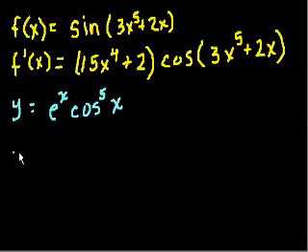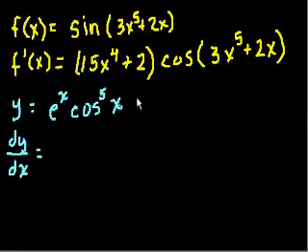So let's see. We want to figure out dy dx. We want to figure out the rate at which y changes relative to x, or the derivative. Apply the derivative to both sides. Well, we're going to have to use the chain and the product rules. So first, we take the derivative of this first term.